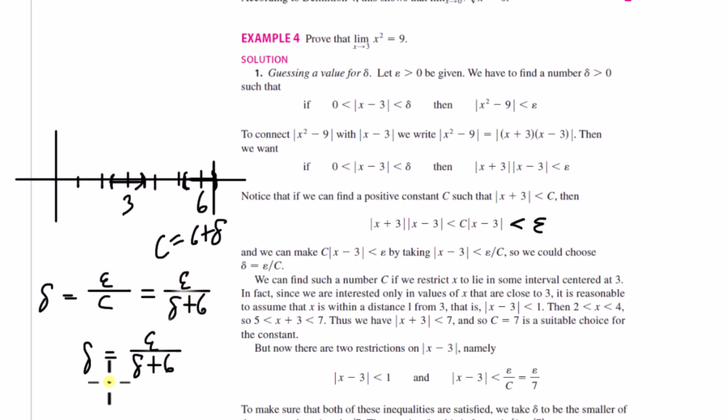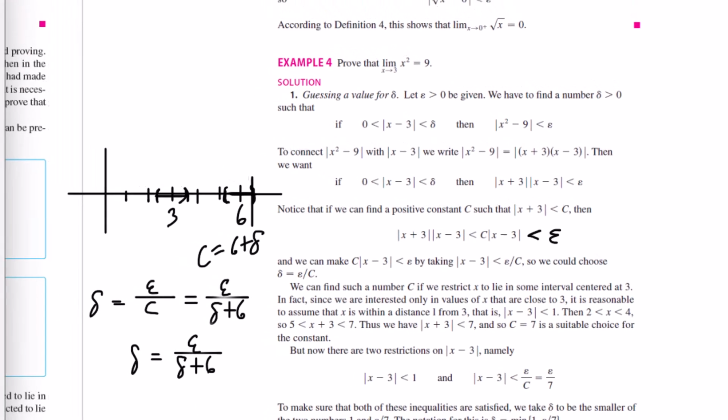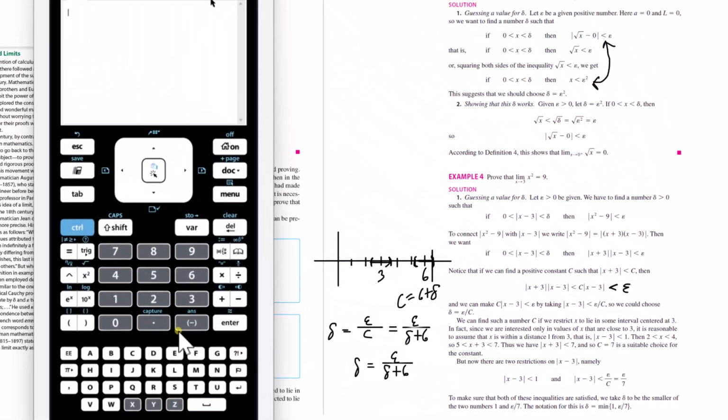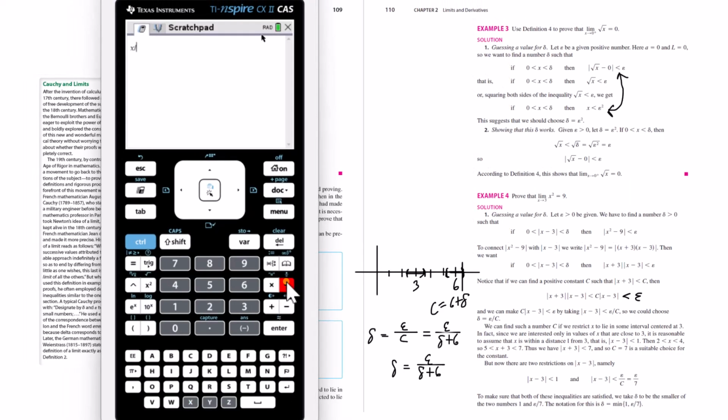Okay, so now we could solve this for delta. So let's see, y is epsilon, and delta is x. So now x is equal to this.